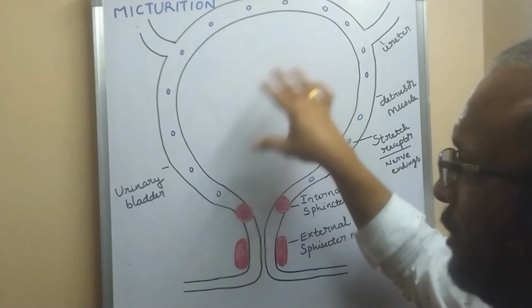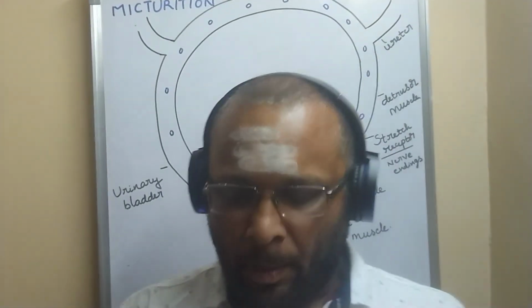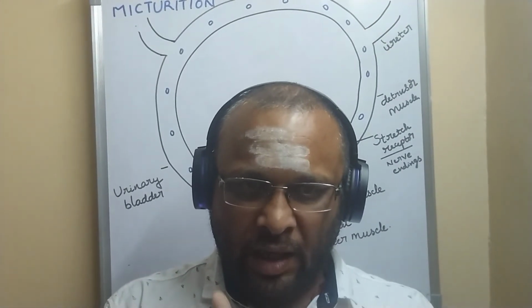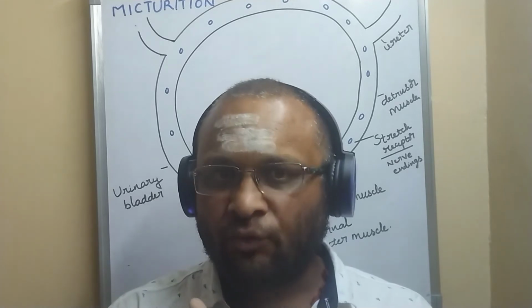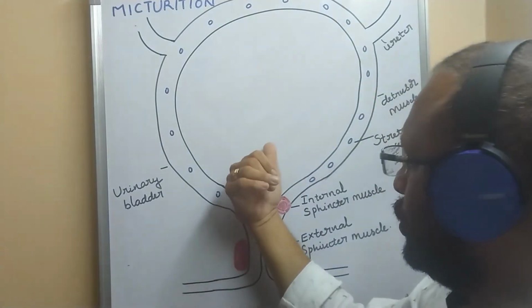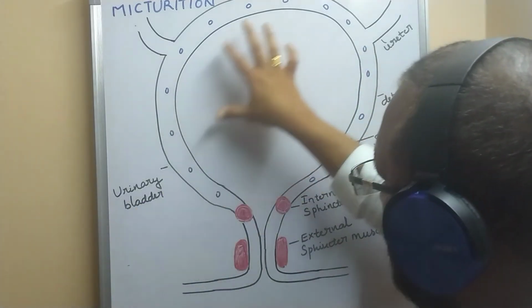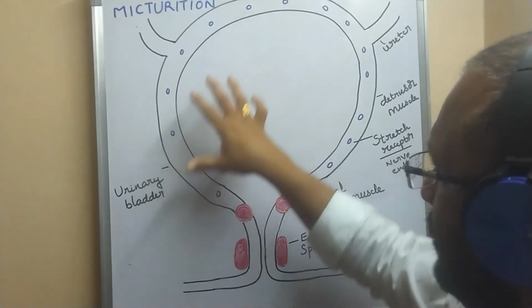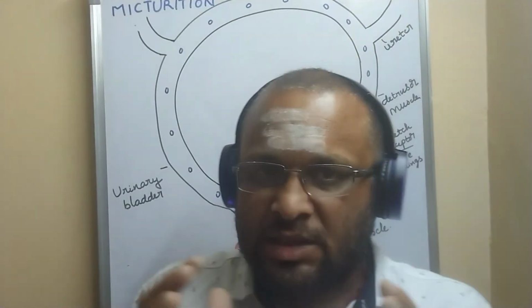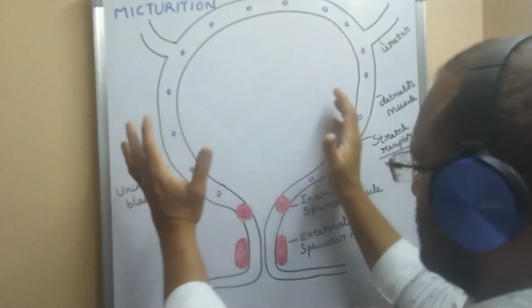In the urinary bladder, when the urine level reaches 300 to 400 ml, what will happen? The urinary bladder muscles start stretching.